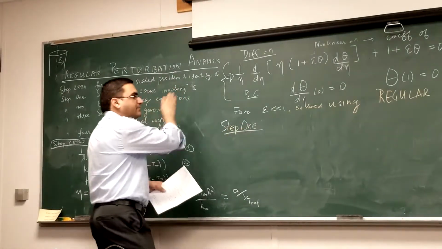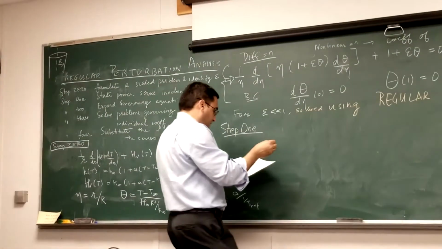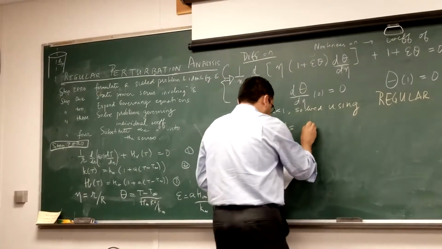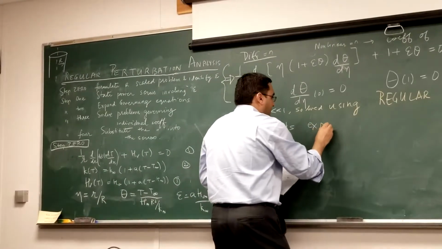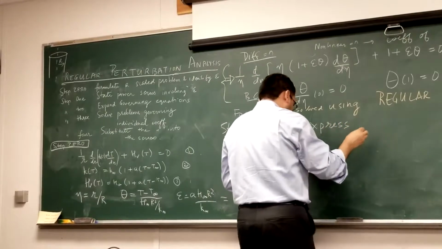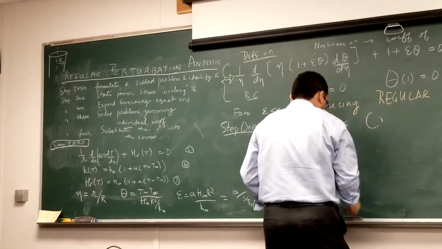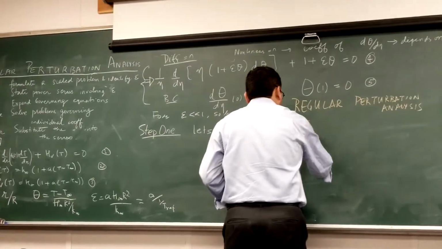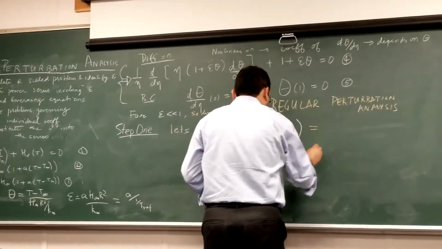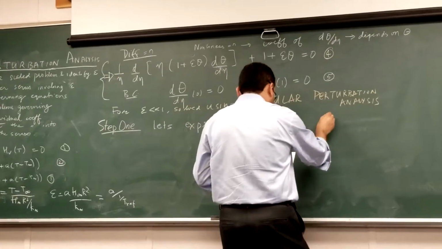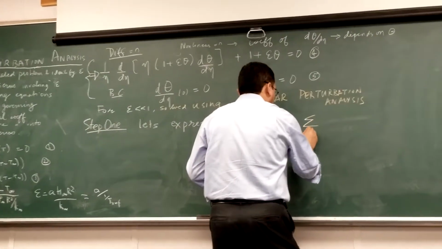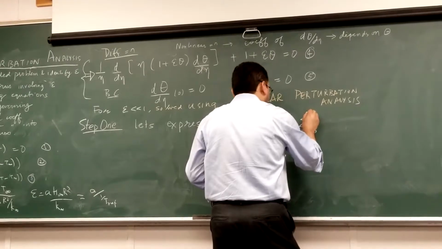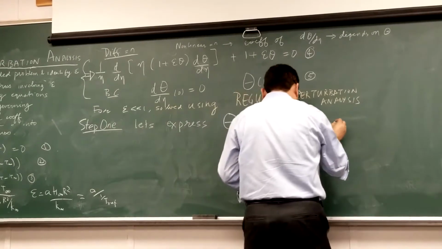So that being said, now let's actually go through the process of solving this. We start by using this expansion, where we need to write it as a series. We use a Taylor series, and we write this Taylor series about epsilon equals 0.